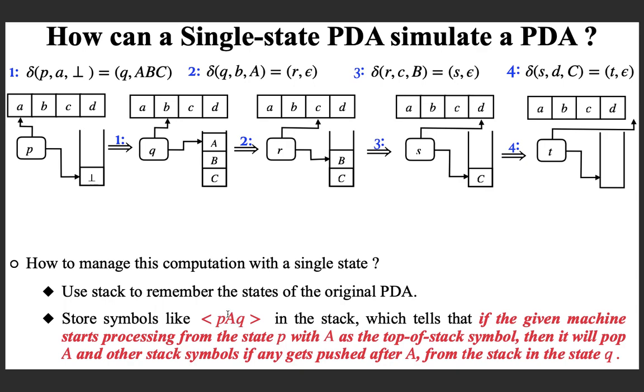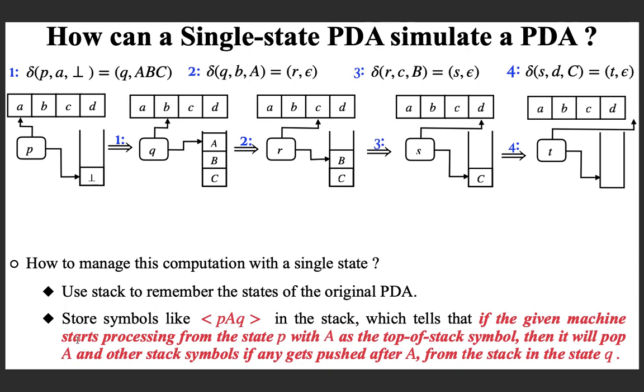Now you are going to store triples where the middle is the original stack symbol and the left and right are states, where you can remember what the other states are doing in the original machine. And what is this triple telling us?